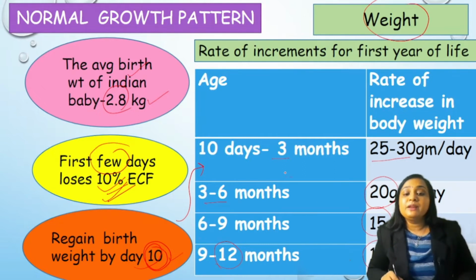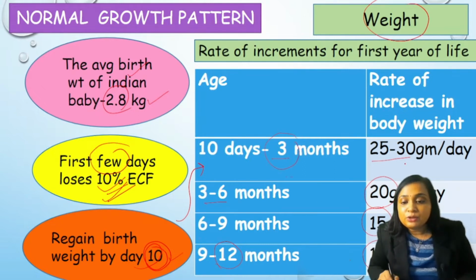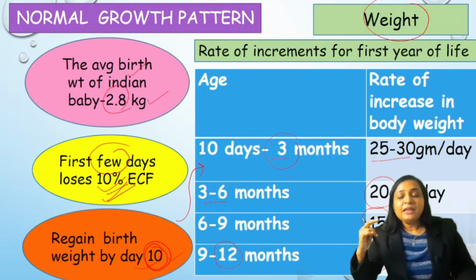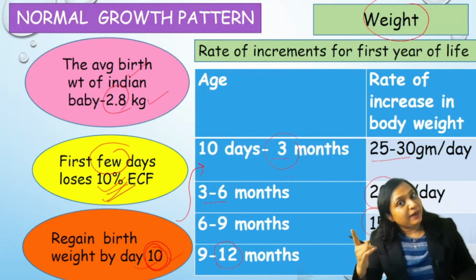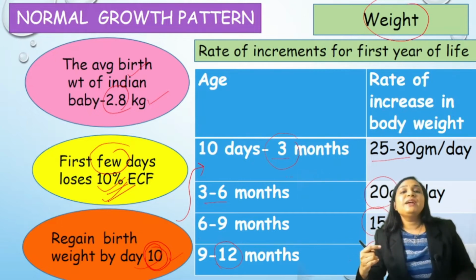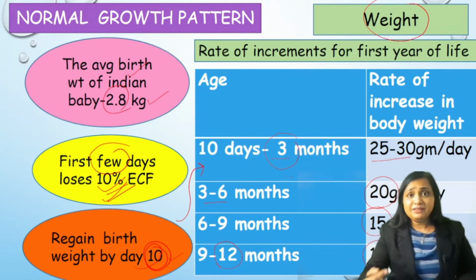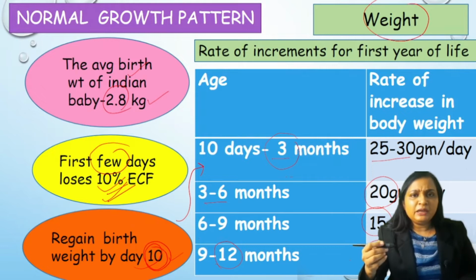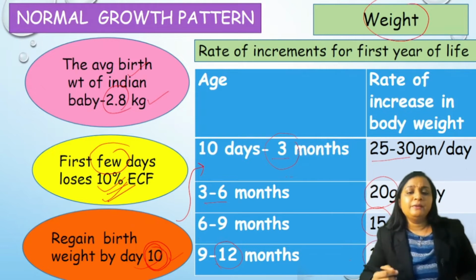Here it is 3, so 30 gram per day in the first 3 months. So first 3 months 30, last 3 months 12. In between, 3 to 6 it is 20 and 6 to 9 it is 15. Is it easy? Yes, it is easy. You can remember it: 30, 20, 15 and 12.